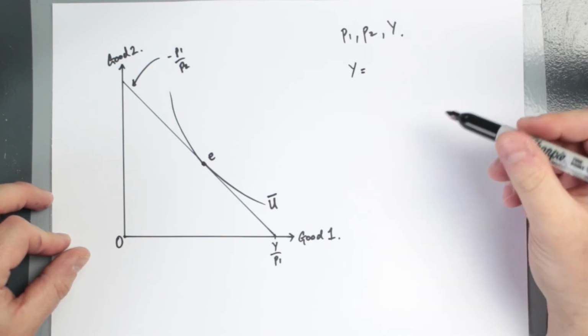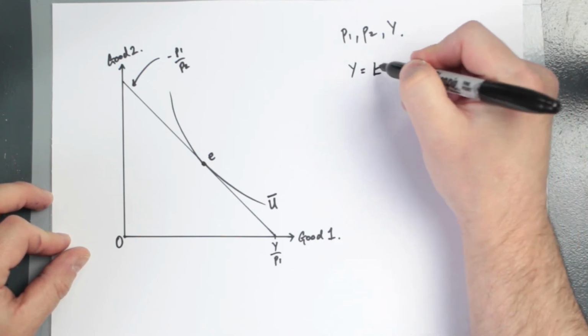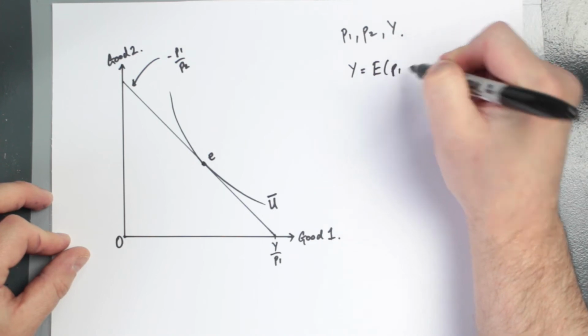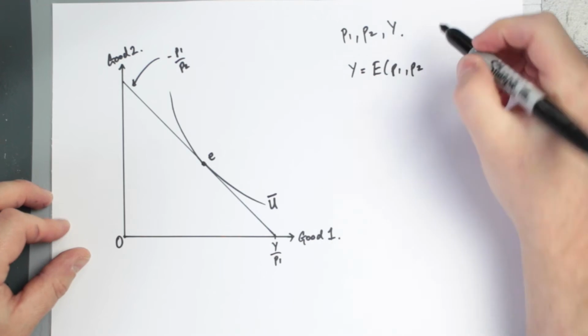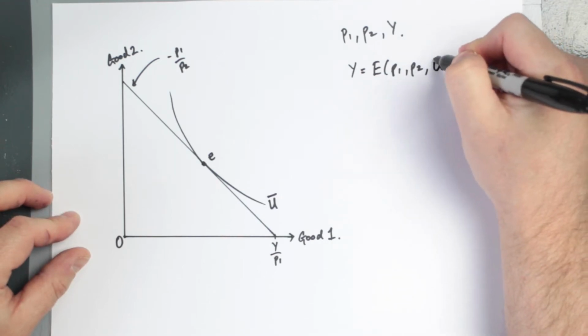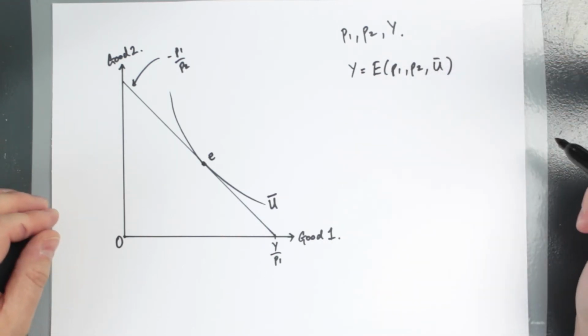So what I mean by this is that, building on what we've done previously, I could say that the income that the consumer has is precisely the minimum amount of income that they need when the prices are P1 and P2 in order to achieve utility U bar.